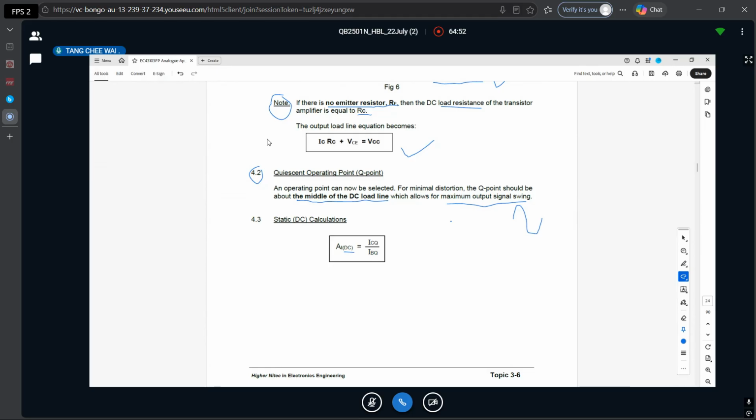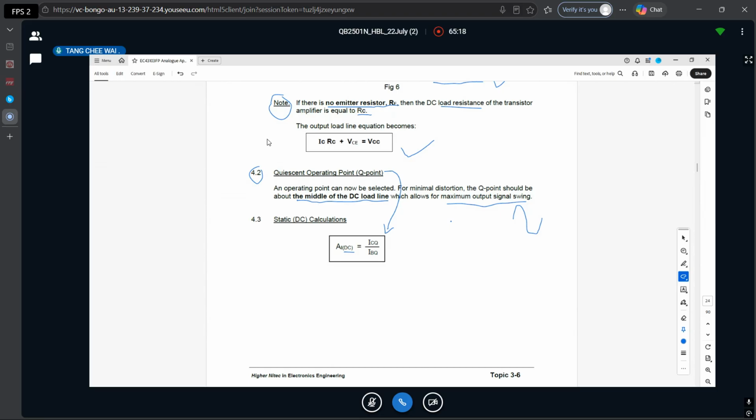Now, the moment you see ICQ and IBQ, the Q meaning that you are talking about the operating point, the Q point. That's why we are talking about static DC current gain. If there's no Q, that means it's AC. So this is the static DC.